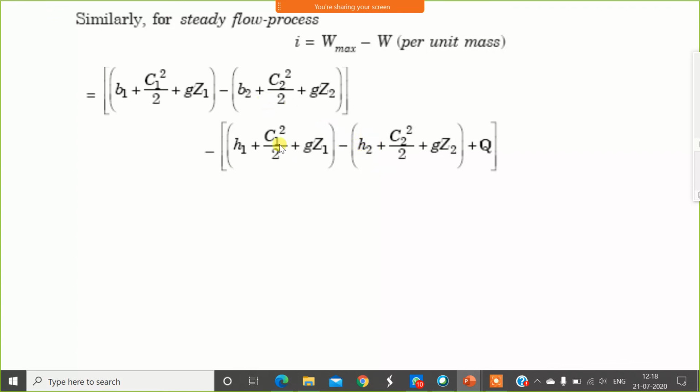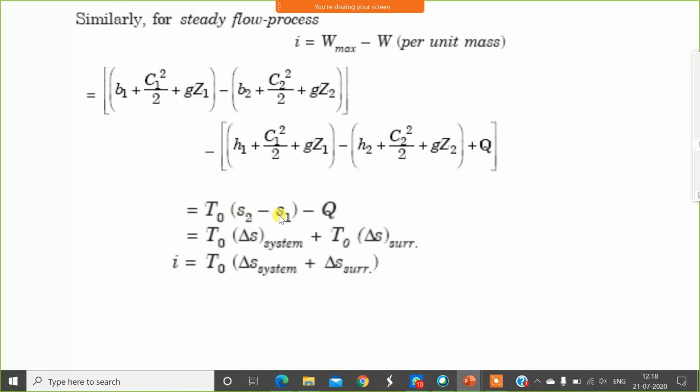Only T0 (S2 minus S1) minus Q will remain, and S2 minus S1 is the delta S of the surroundings. This is the system and this is the surroundings. Therefore, I is equal to T0 (delta S system plus delta S surroundings).